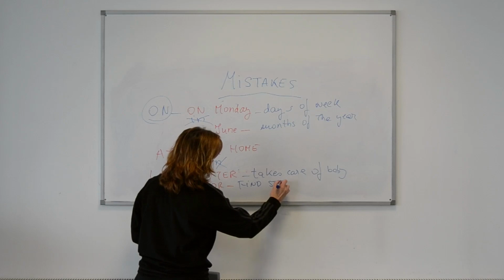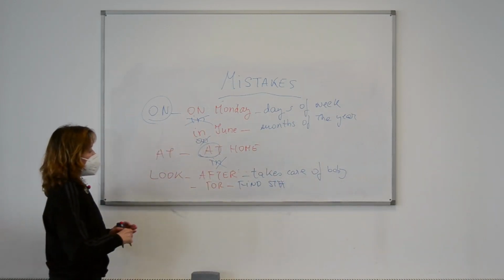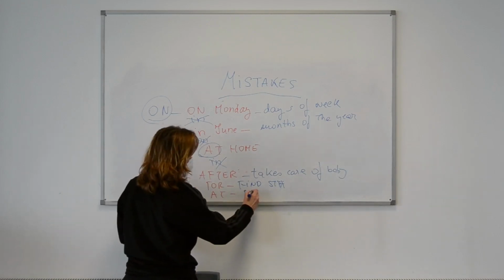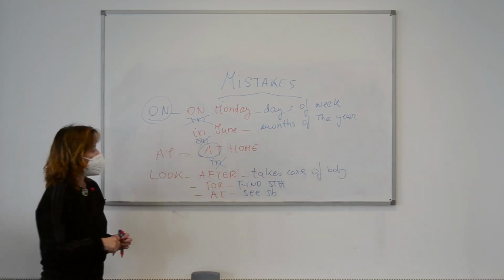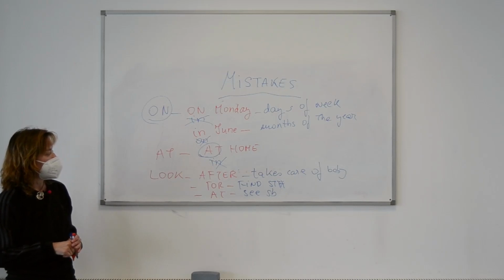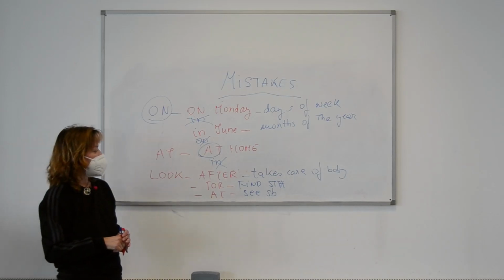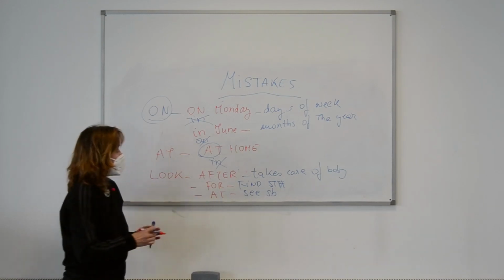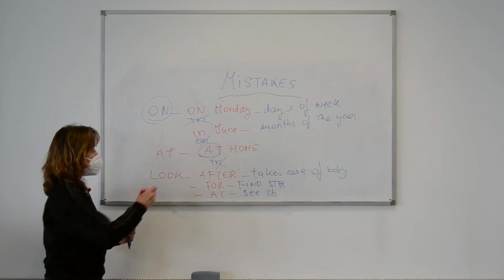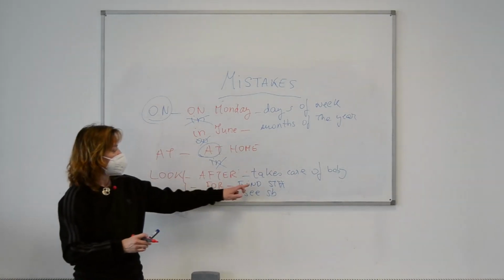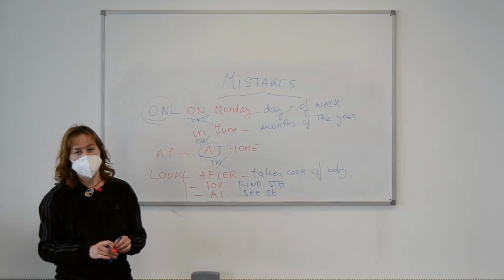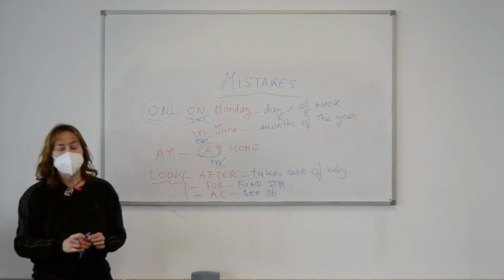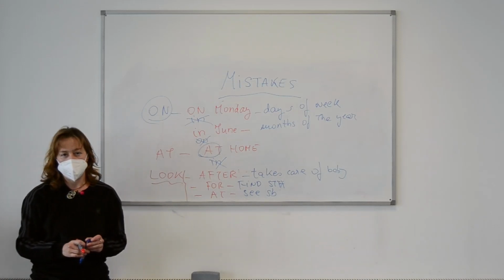If you use, for example, at, it means look at, you see somebody. Look for, look after, look at. I think these are the most important. Look after, take care of somebody. With the same verb, look for, find something. Look at, see something. In this case, it means that depending on the preposition, the verb can completely change the meaning, okay?